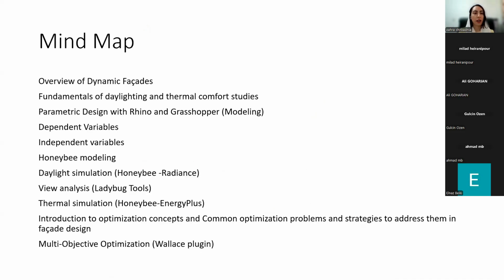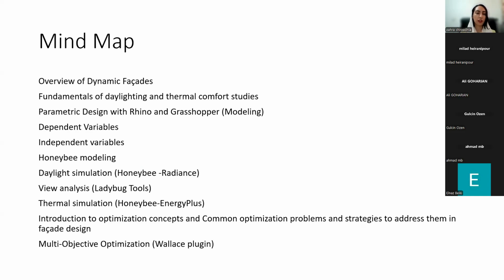This is our mind map, as you see in the picture. First of all, we have an overview of dynamic facade and then fundamentals of daylighting and thermal comfort studies, and then primary design, the Rhino Grasshopper modeling. After that, dependent variables and independent variables are going to be shown during the tutorial, and then data simulation, view analysis, thermal simulation.